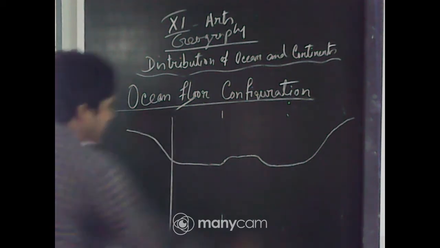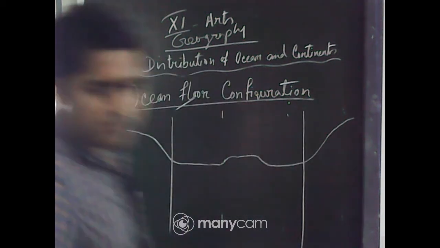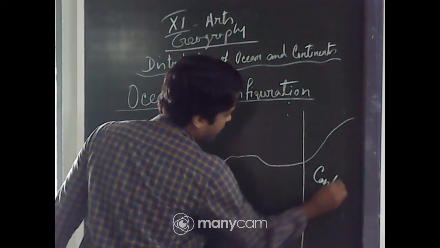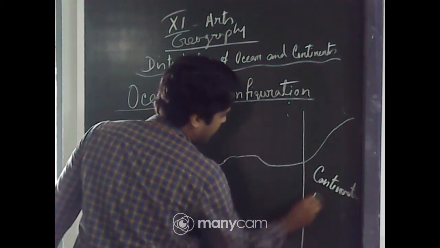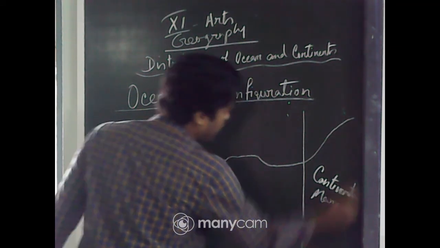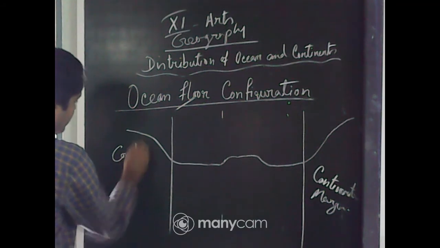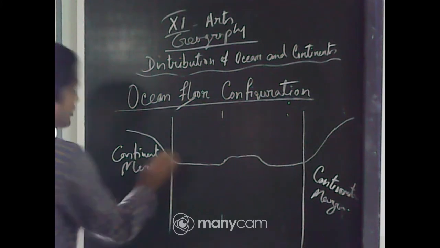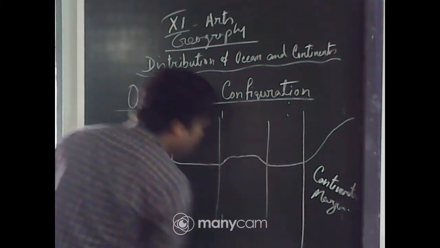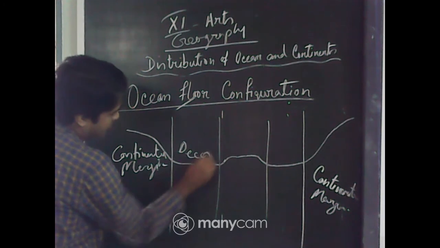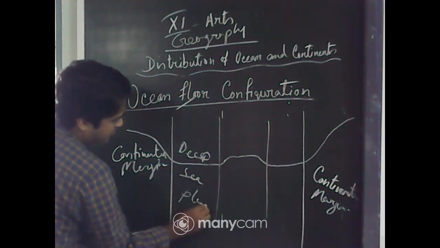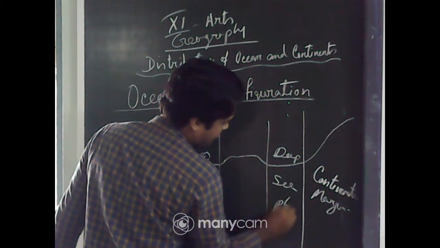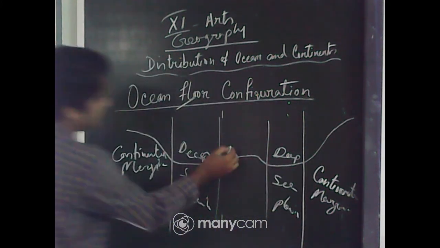This is continental margin, both sides. It is a full picture, both sides. Then this is deep sea plain. And this is mid oceanic ridge.